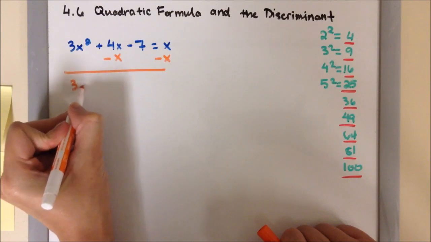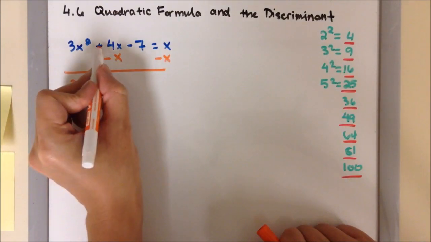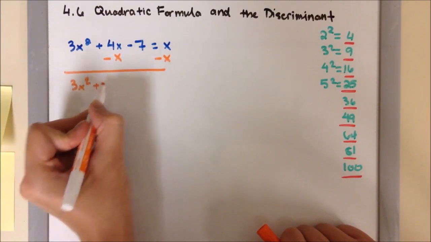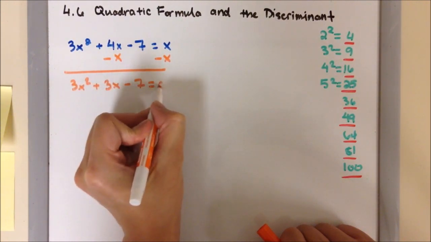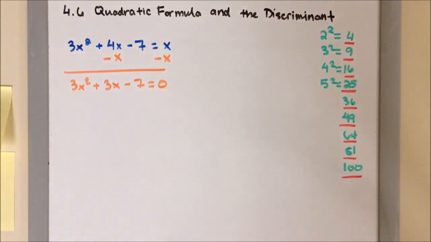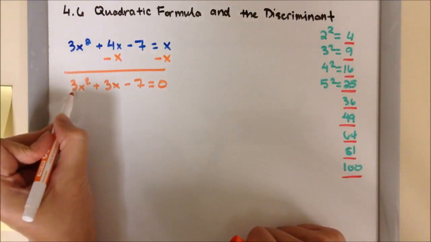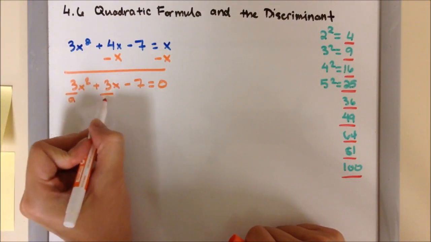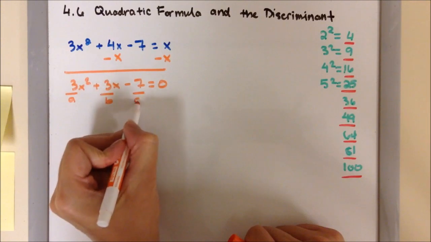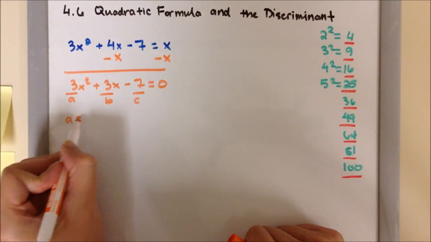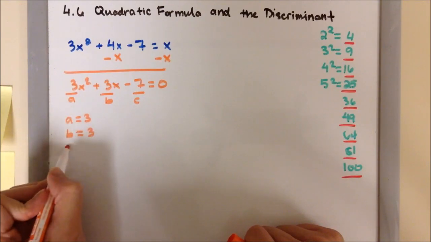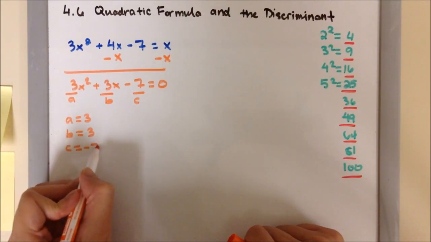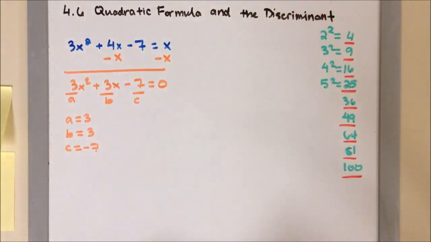So it's going to be 3x squared, and 4x minus x will be plus 3x, minus 7 equal to 0. From there, my a will be 3, my b will also be 3, and my c will be negative 7. So I've got to be very careful with that one.